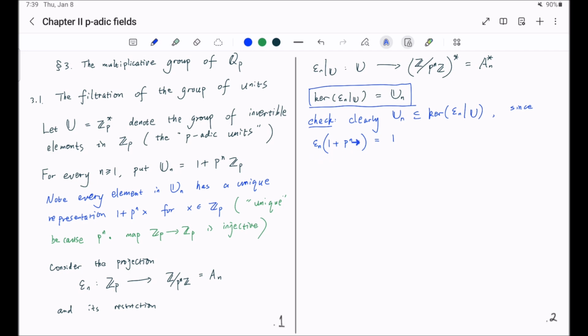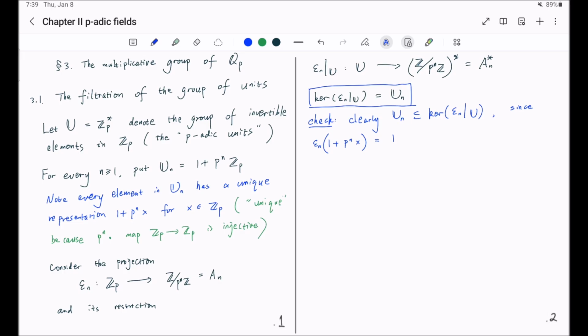So after projection onto the nth component, this part will vanish. So epsilon sub n of 1 plus p^n x is just equal to 1. And 1 is the multiplicative identity in Z mod p^n Z.